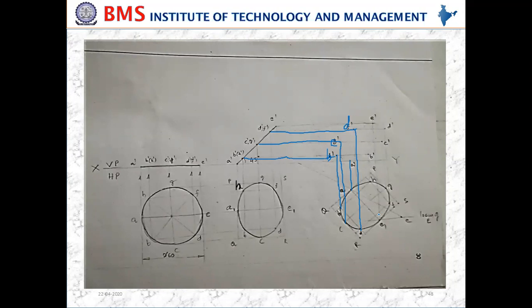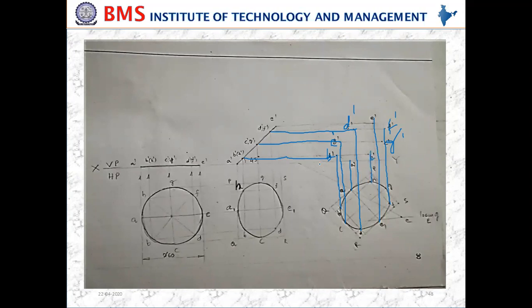Next, this is going to be H, E, and this is going to be E dash here. Then this is going to be F. Then A, B, C, D, E, F, G, this is going to be G dash. Then next is going to be H dash. So H ends at this point, so this is H dash.